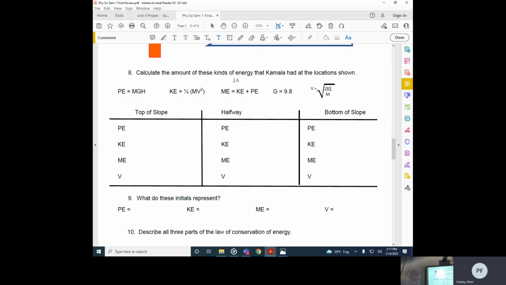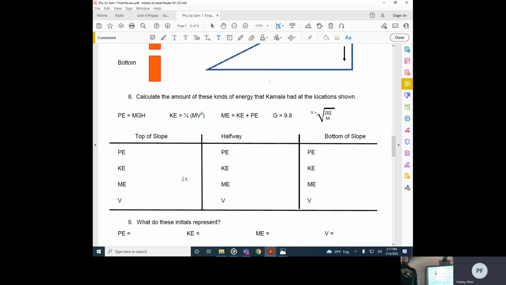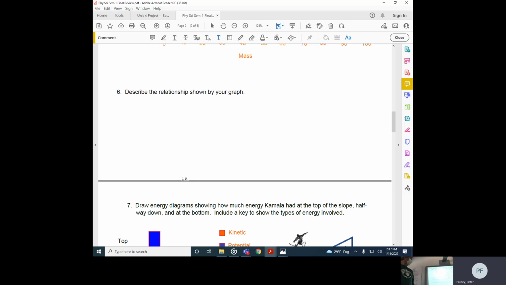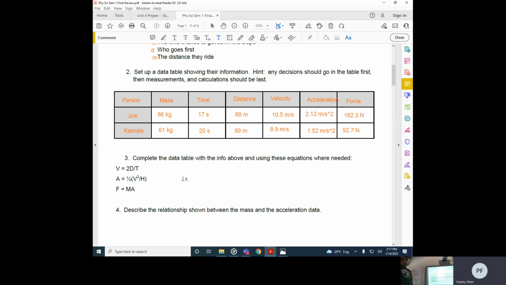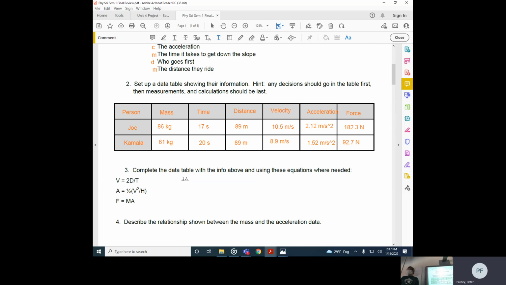You're going to have to refer back to the chart on page 1 to get the mass. Who am I looking at, Kamala or Joe? I have to get Kamala's mass from the previous page.